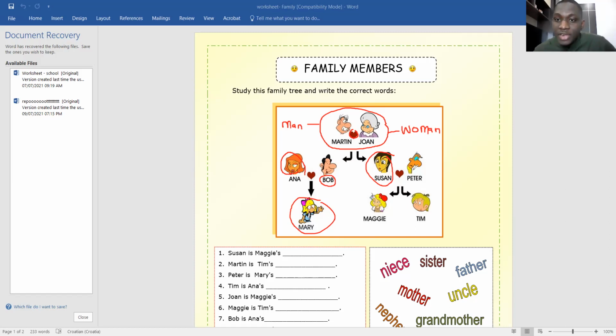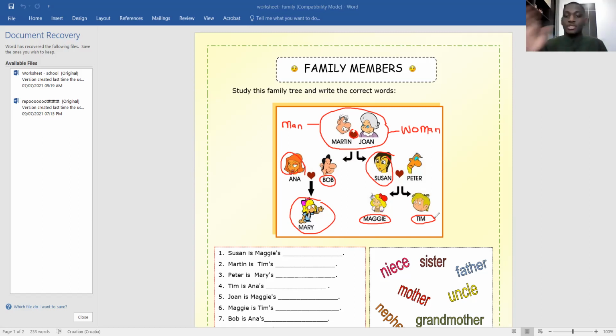And Susan gets married to Peter. And they have 2 kids, Maggie and Tim. So Maggie and Tim are Susan and Peter's kids, right?